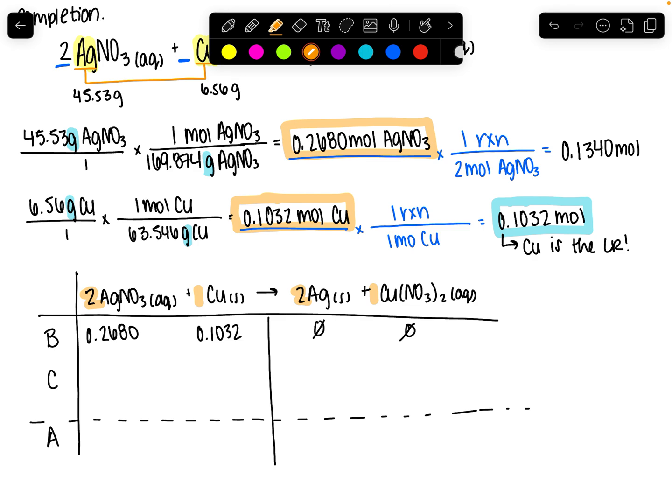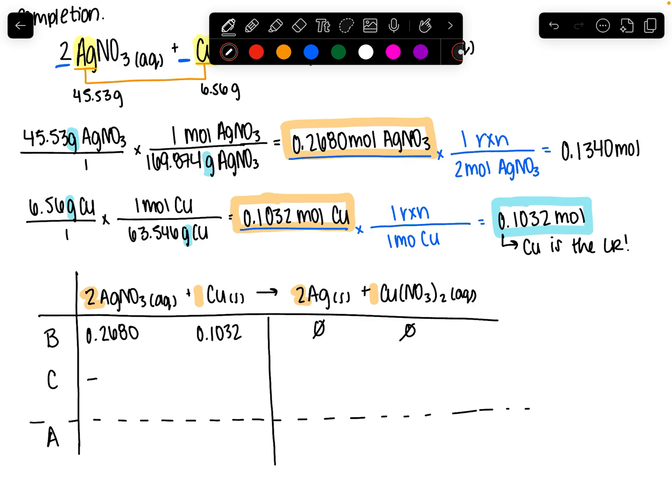Proportionally, how much of my silver nitrate am I going to use so my ratio remains the same every time I run this reaction? I know that when I run this reaction, I use twice as much silver nitrate as I do copper. So I'm going to label the amount of substance that I use as variable X. Over time, because we are using these reactants, they are decreasing in the amount that we have available.